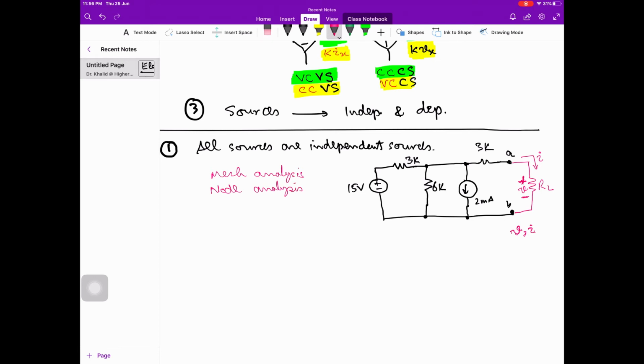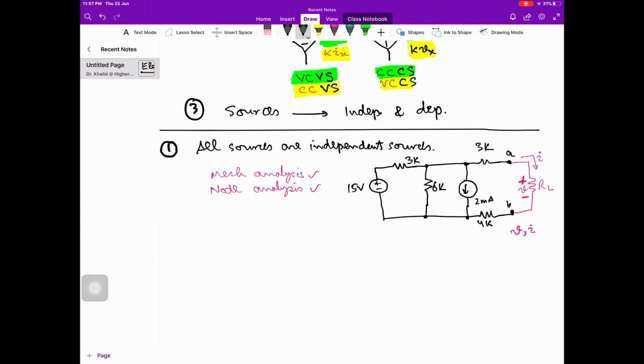So if we can use mesh analysis and node analysis in order to find VL and IL, then why do we discuss Thevenin equivalent and Norton equivalent? The reason is that, sorry, I need to add a resistance over here. This resistance is 4K.